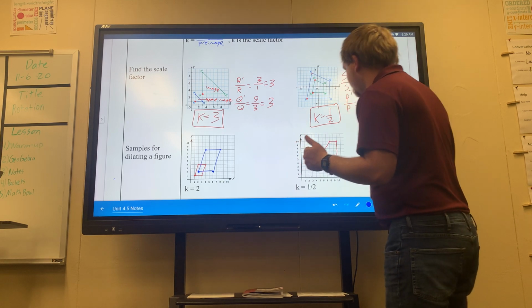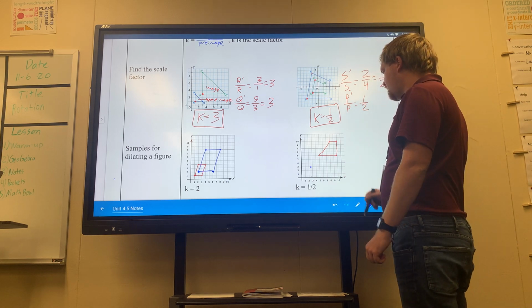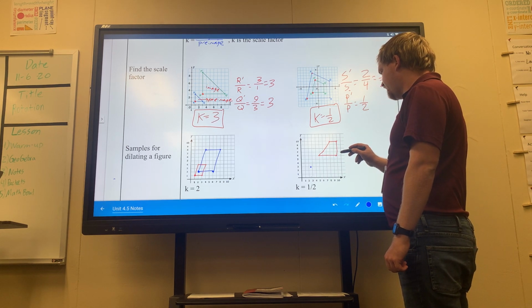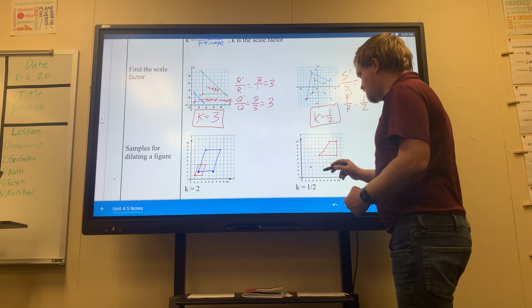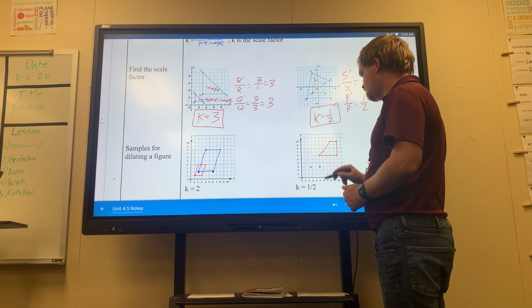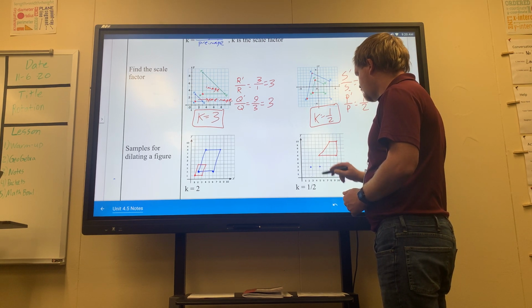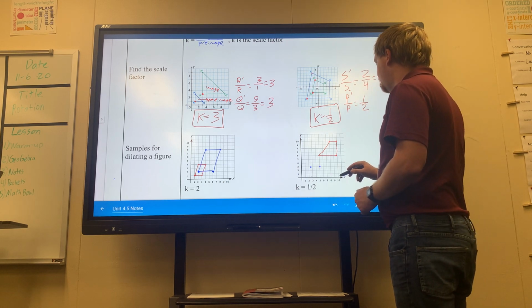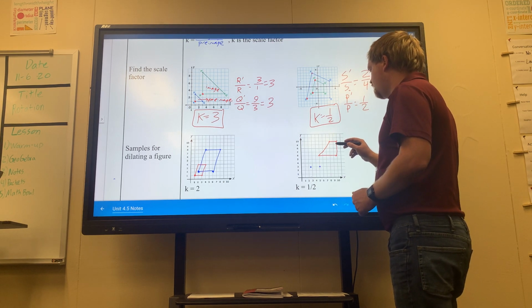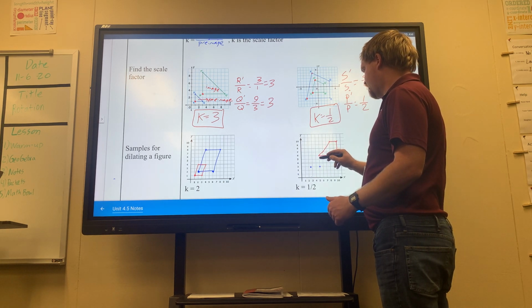So that's my point right there. Next, I'm going to go to 10, 6. Divide 10 by 2, which is 5. Divide 6 by 2 is 3. Next I have 10, 10, which is 10 divided by 2 is 5, and 10 divided by 2 is 5 again.